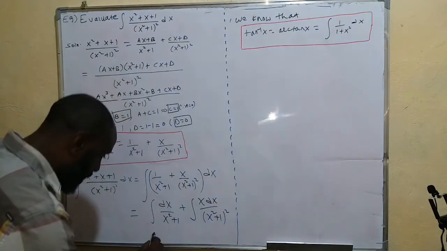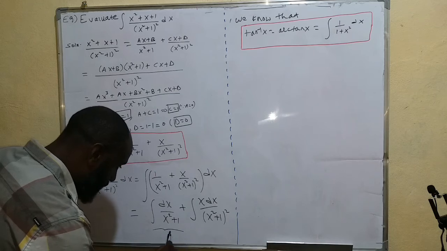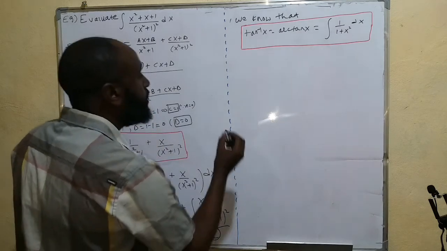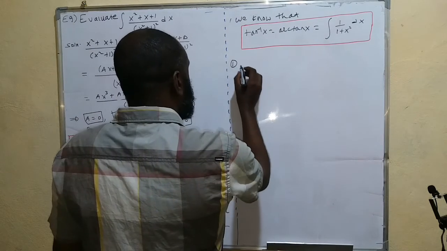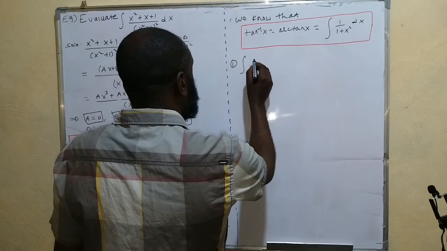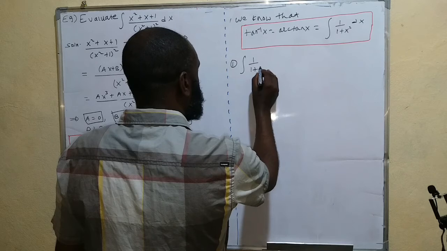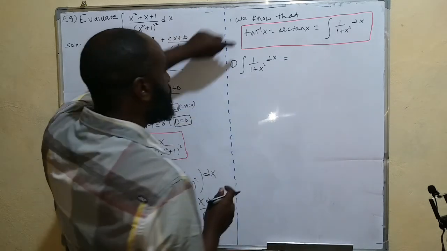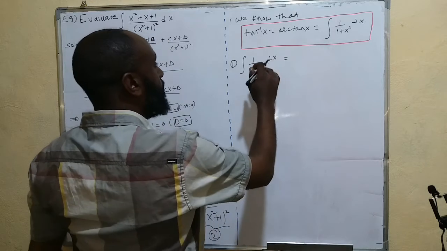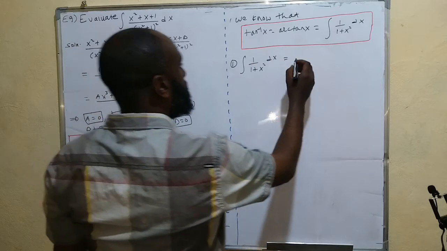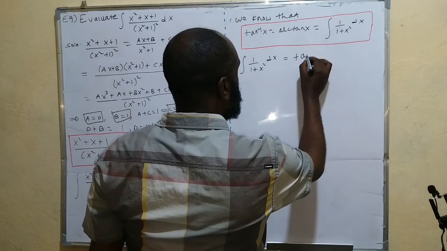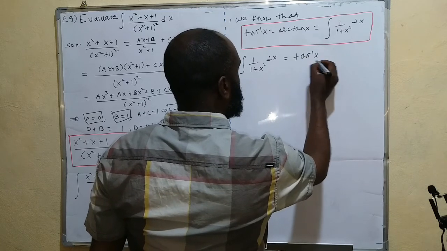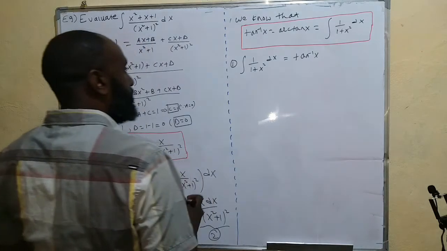Therefore, as usual, let's say this is number 1 and this one is 2. So for number 1, 1 over 1 plus x squared dx is equal to what? From the above, this integral is nothing but tan inverse x, or we call it arctan x.